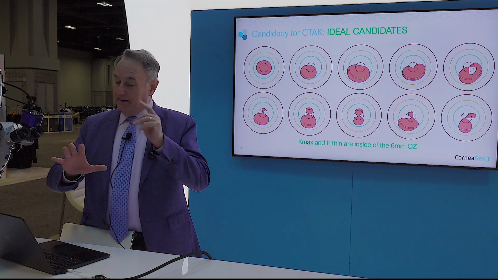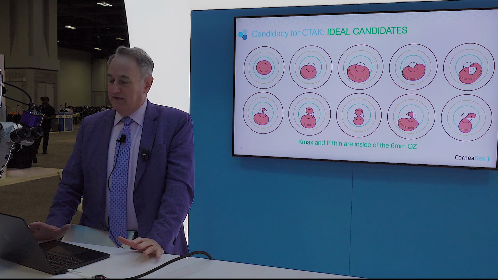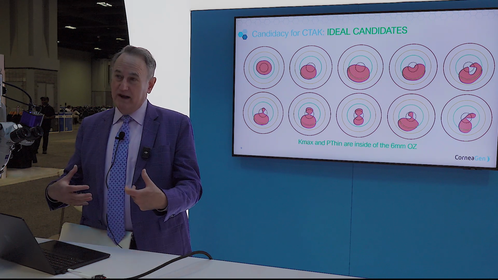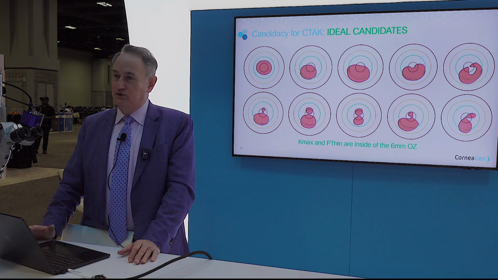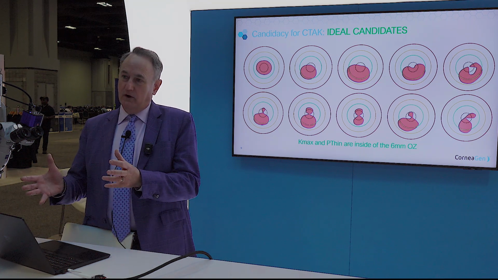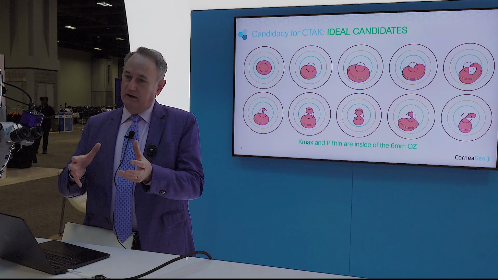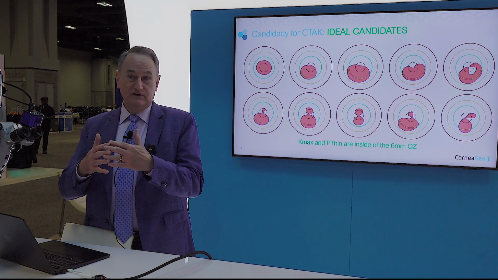So here are patterns of ideal candidates for what that topography will look like. In our population in Minnesota, we have 2 different formats of where the cones are. For example, a lot of our East African, Middle Eastern patients have very aggressive central cones.